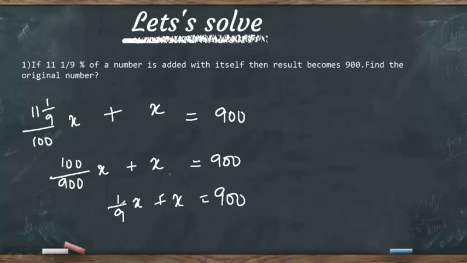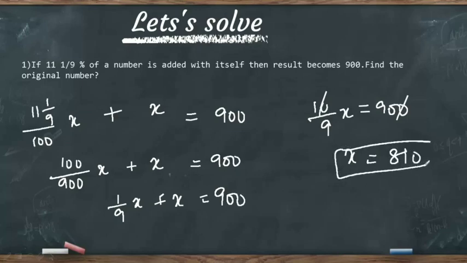Just add these values. You will have 10 by 9 of x is equal to 900. On simplification, you will have the x value to be 810. So the actual value is 810. This is how you make use of the concepts that are given to you and find the answers.